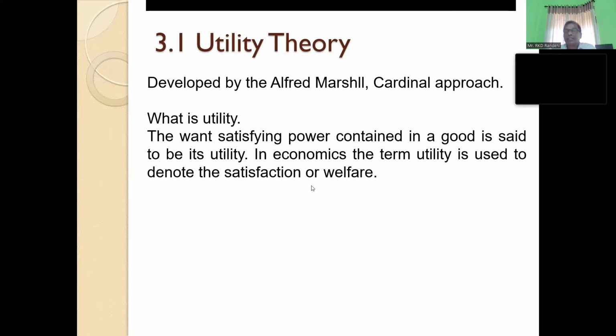That is not bad, but you should know how to define utility. The want-satisfying power of a commodity is called utility.